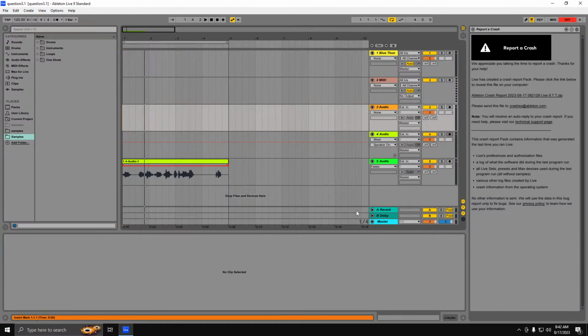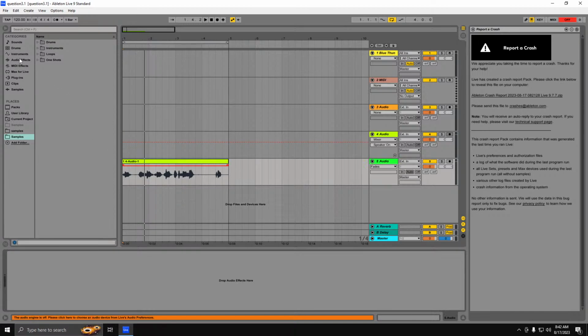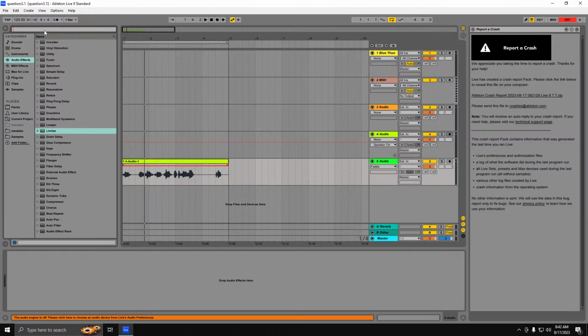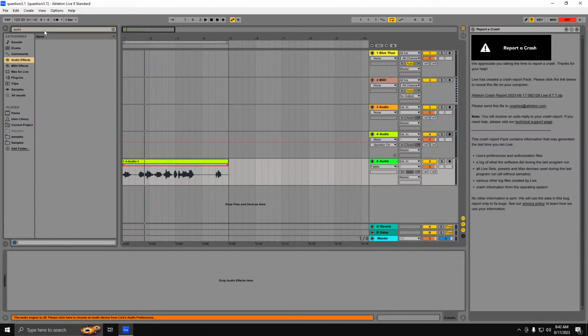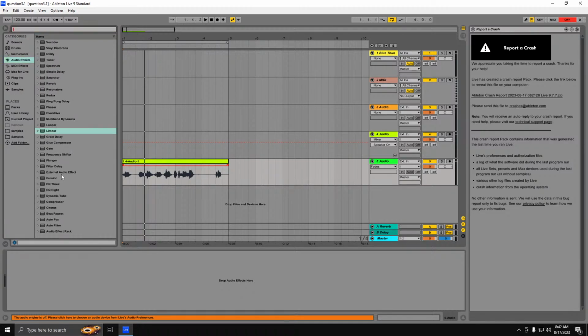I wonder if I just did that here. Audio effects. What is it? Quantization. Wonder if it'll sound the same. I don't even see the quantizer in here.